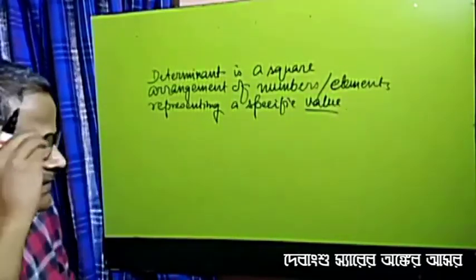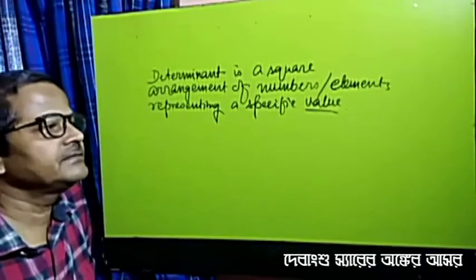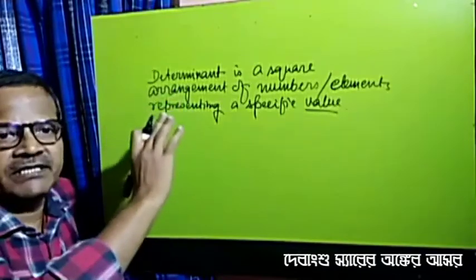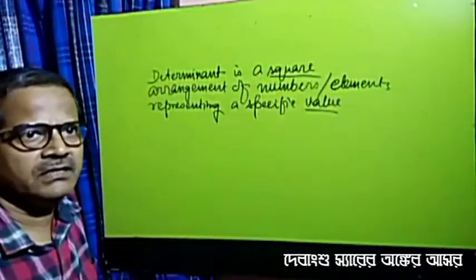This shows that a determinant is just a square arrangement of elements.